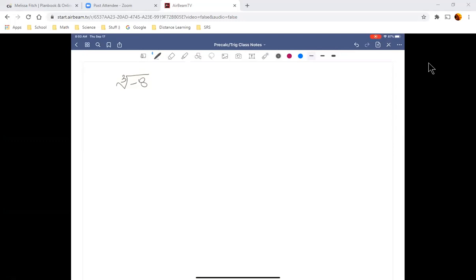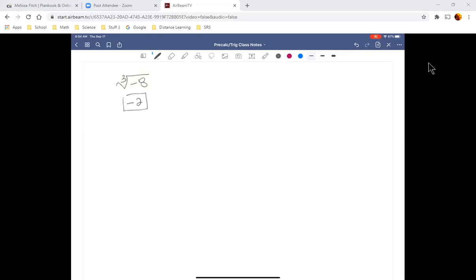So it's got something to do with 2, right? 2 times 2 is 4 times 2 is 8. Could I have a negative 2? Negative 2 times negative 2 is 4, times negative 2 is negative 8. So if we're taking the third root of something, we can have negatives, right? So this is going to give us negative 2.